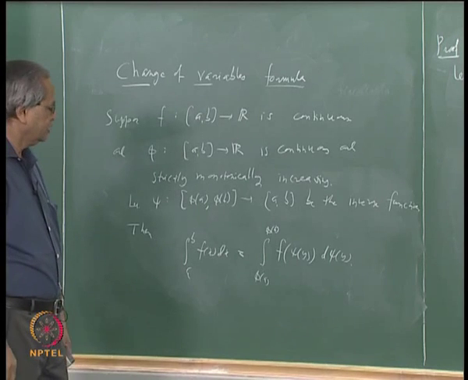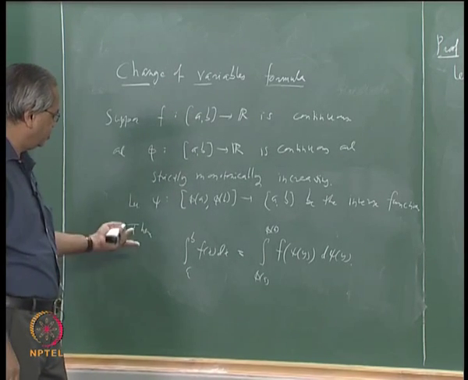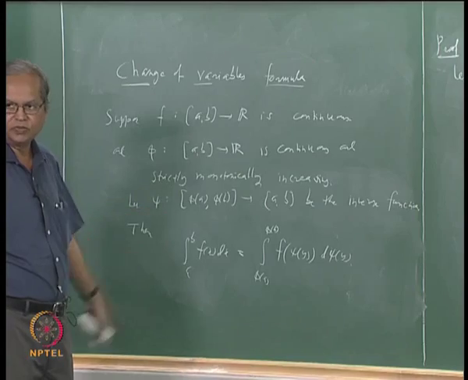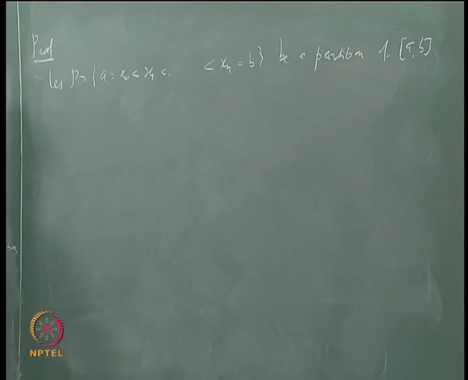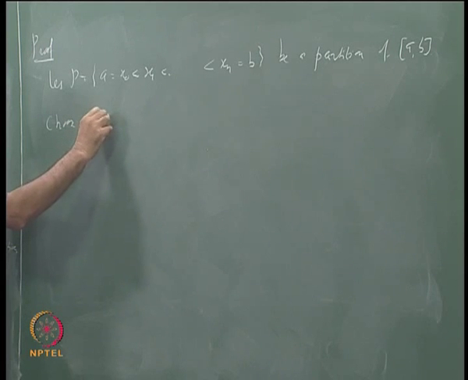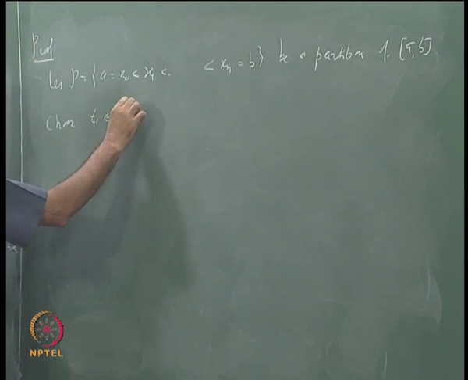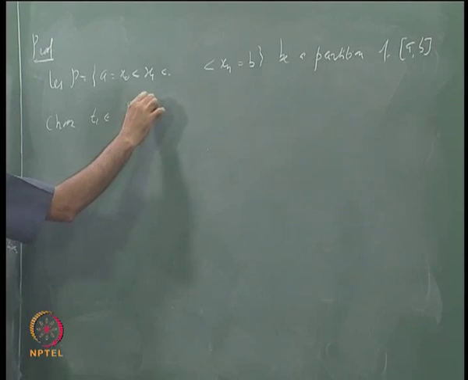Now to consider the Riemann sum, we have to look at some points ti in the subinterval [xi-1, xi]. So choose ti belonging to [xi-1, xi].